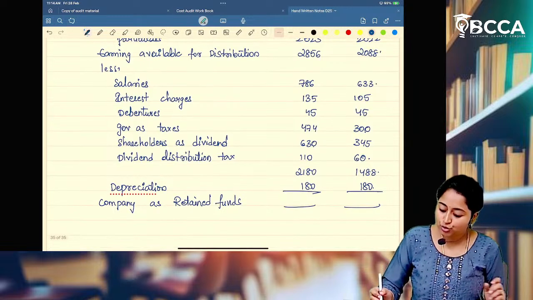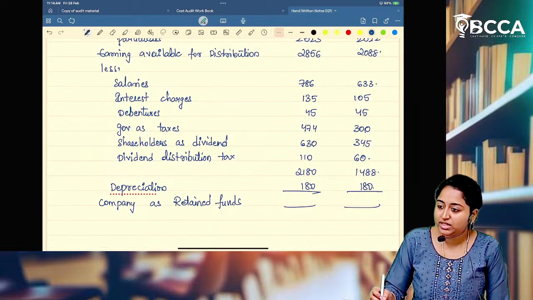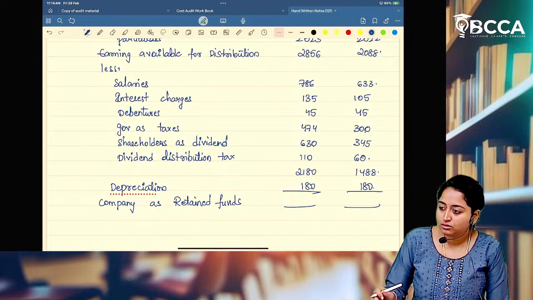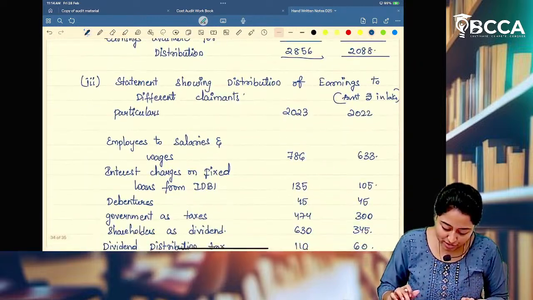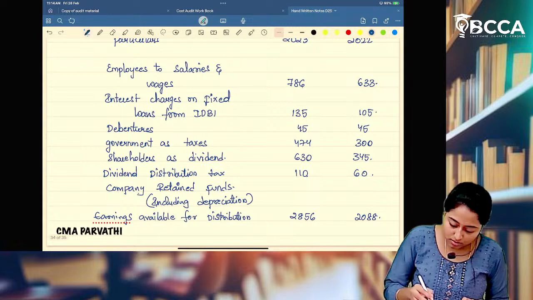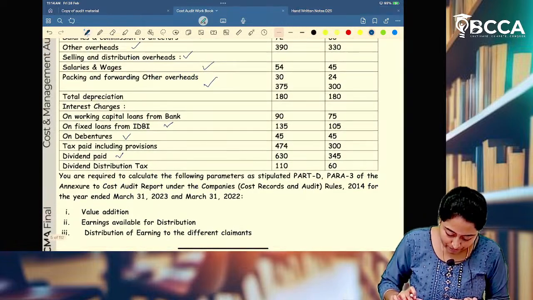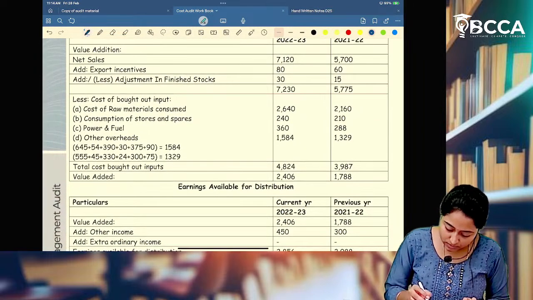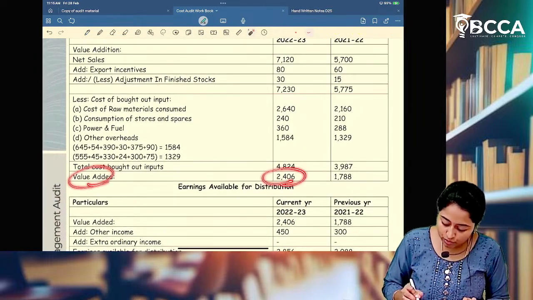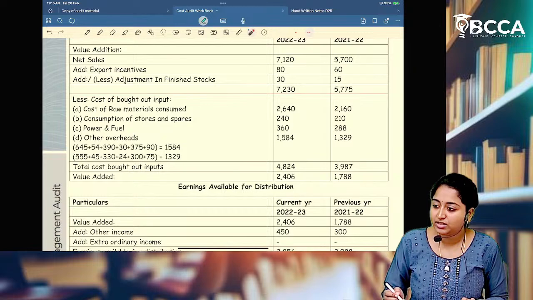Are you getting 2856 and 2088? No? You're not getting that? Then you have done some calculation mistake. Did we get value added at 2466 and 1788?